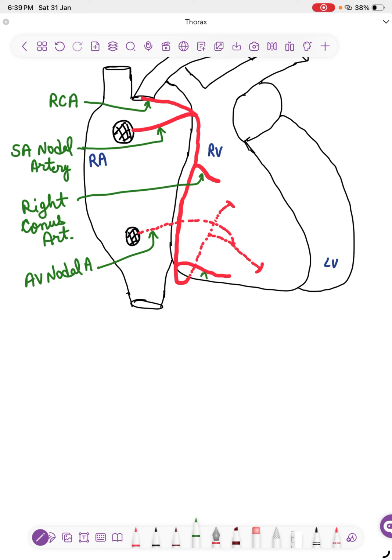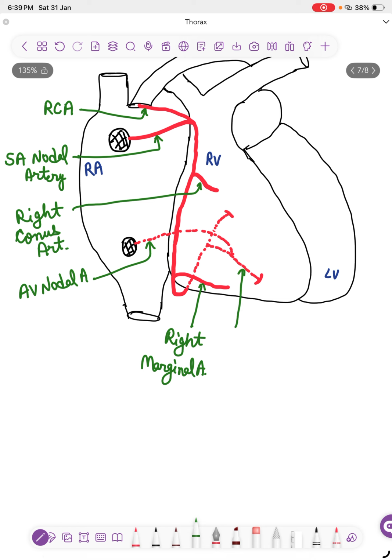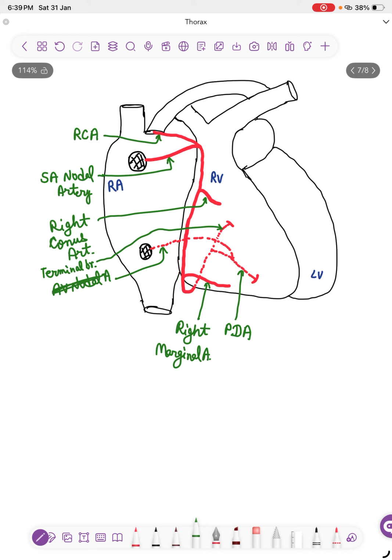This is the right marginal artery. This is the posterior descending artery, also known as posterior interventricular artery. And this is the terminal branch of right coronary artery. This was the AV nodal artery.